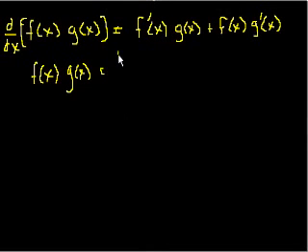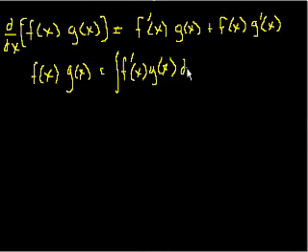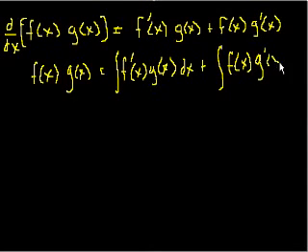We're doing the indefinite integral, the antiderivative, but we can use this tool when we do definite integrals as well. So that's the integral of f prime of x, g of x, dx, plus the integral of f of x, g prime of x, dx.